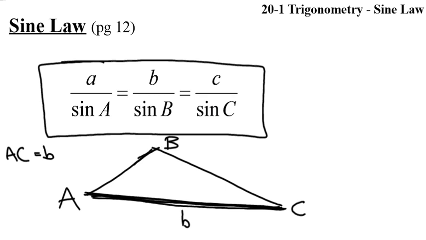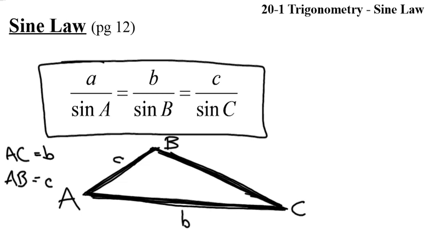Angle B, which is labeled capital, is always across from side lowercase b. Side AB is across from angle C, so it could be side lowercase c. And by process of elimination, side BC, because it's across from angle A, is referred to as side a.